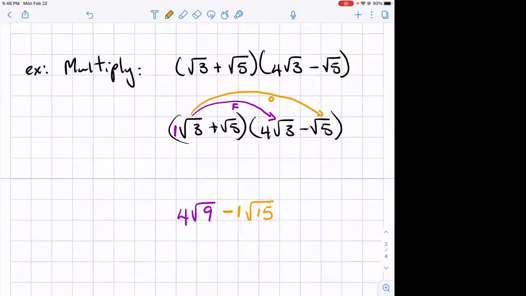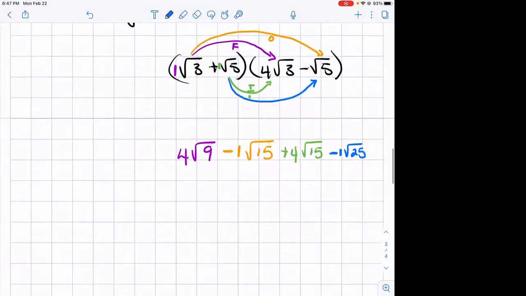Now I multiply the inner terms. This invisible 1 times 4 is positive 4, and root 5 times root 3 becomes root 15. And finally, the last terms: this times this becomes minus 1 root 25.